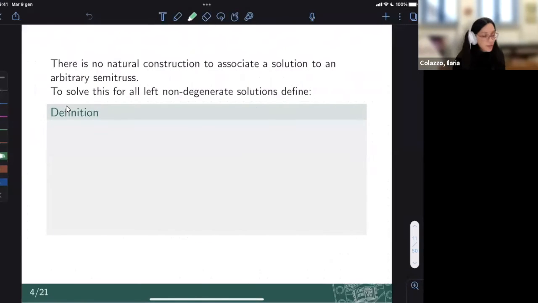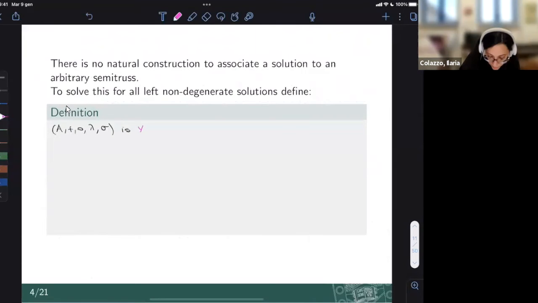So the definition of a YB-semitruss is worth recalling, just because it's the core of this talk. It is a tuple (A, +, ∘, lambda, sigma). This is a YB-semitruss if (A, +, ∘, lambda) is a semitruss.